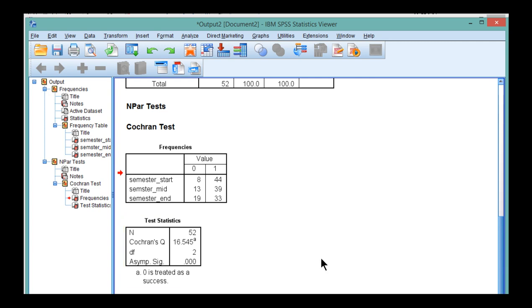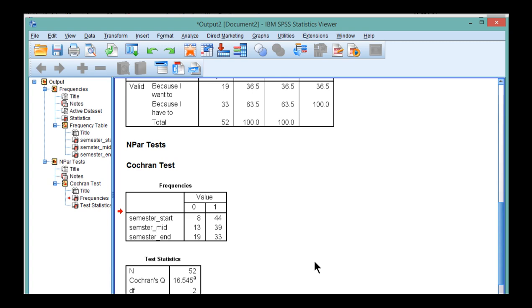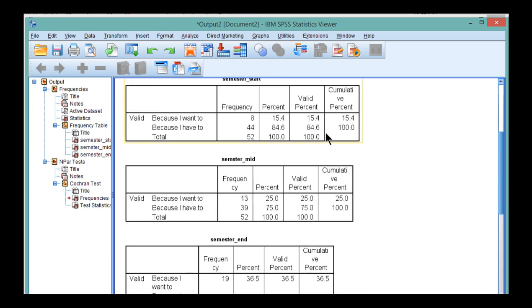Now, just like a one-way within subjects ANOVA, just because you get a significant F value doesn't mean you really know where the significant differences lie. At the very least, we know that the difference between the smallest and the largest percentages is going to be statistically significant, but we don't know if the difference between start of the semester to the mid-semester is statistically significant.